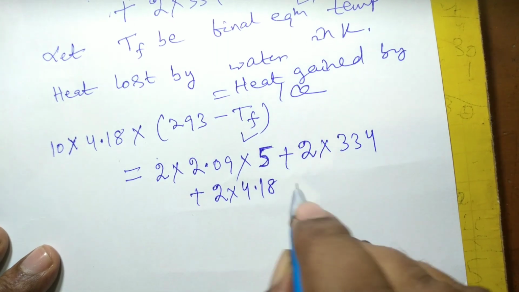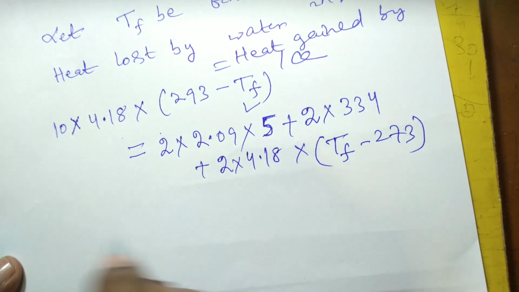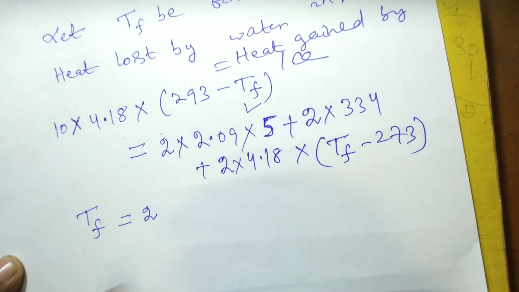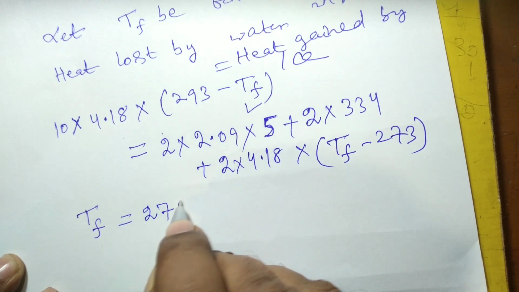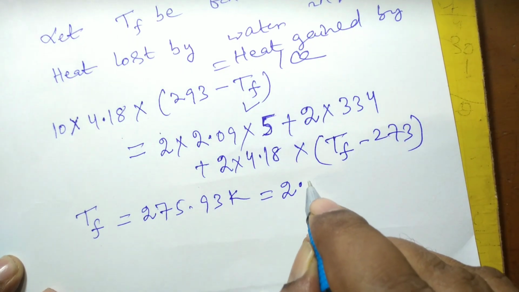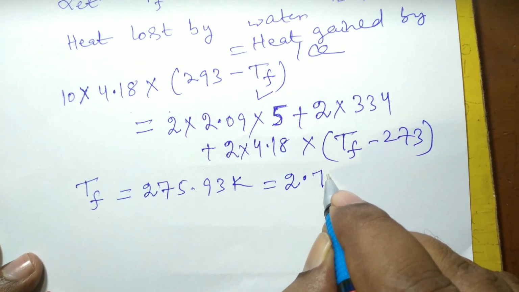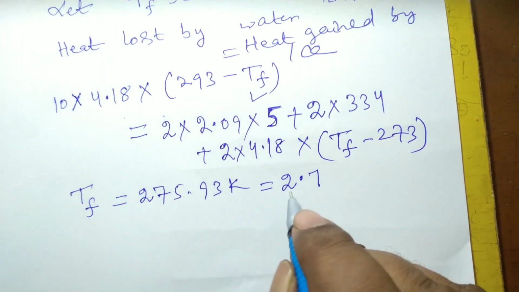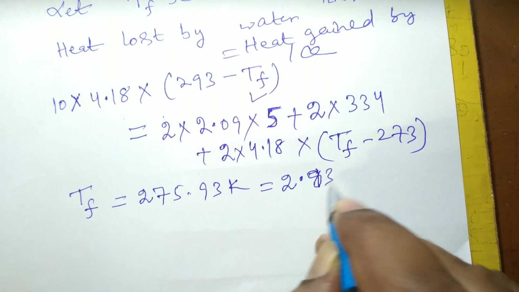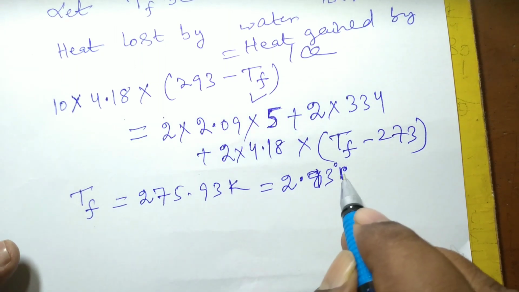On equating this, you will find the final equilibrium temperature will be 275.93 Kelvin, or 2.83 degrees Celsius.